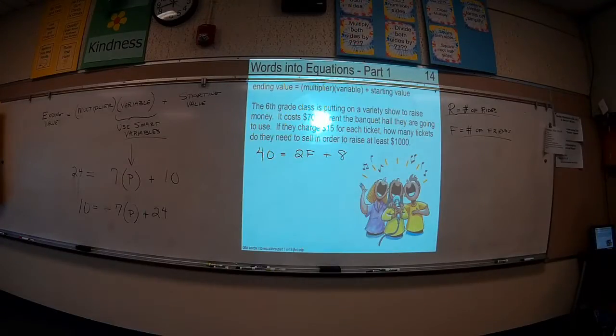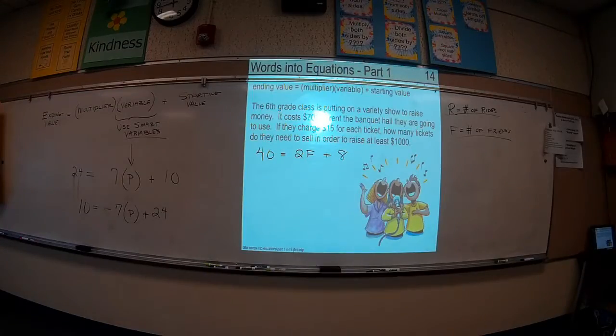Number 14. Let's start with the variable. Actually, I'm going to start right here and then I'll come across the room. I need the variable for this.